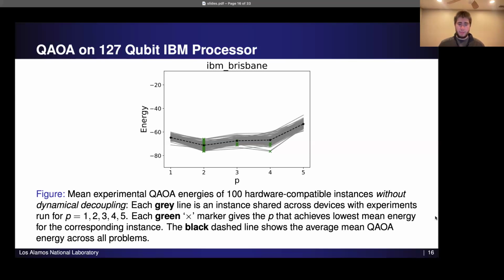The green X marker shows the P that achieves the lowest mean energy for that instance. So the cluster of green markers shows where the tipping point is, right? Where the trade-off happens between noise in the computation and how good the QAOA angles are. And this particular data was run with no dynamical decoupling sequences.